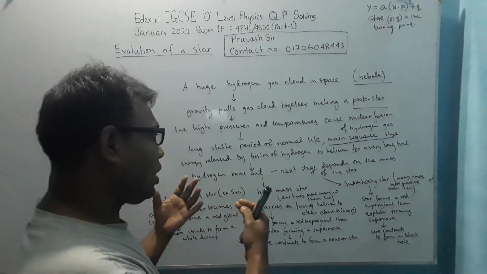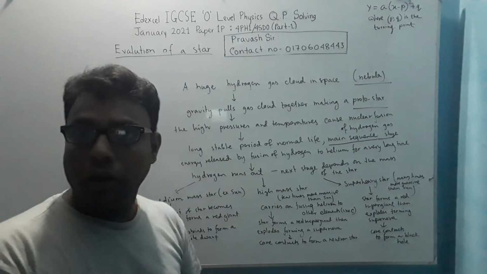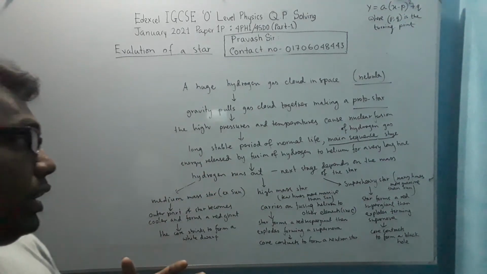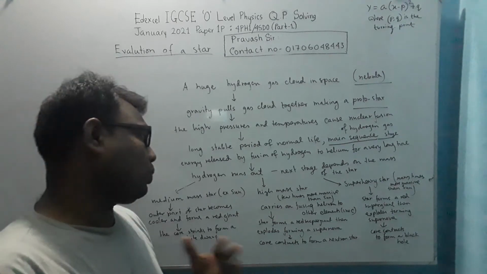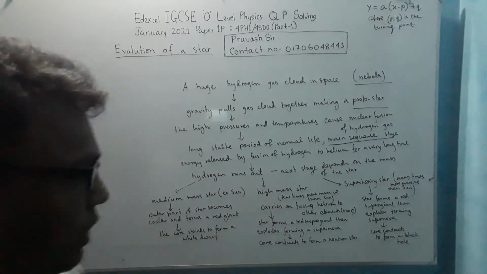So the high mass star and super heavy star both enter the same stage, the red supergiant. Okay.